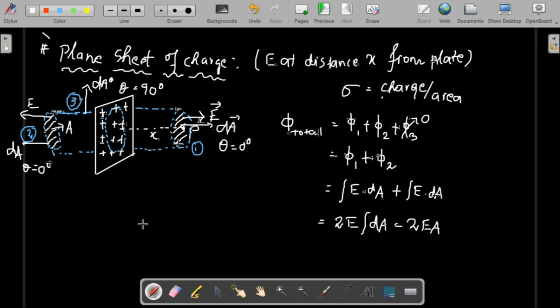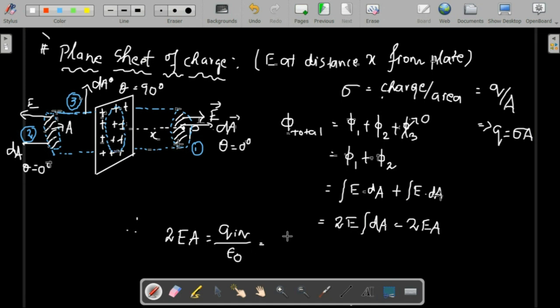And now we can use Gauss's law. Sigma is equal to charge by area, so it is Q divided by A. That means my charge is equal to sigma into A. Let's put this in Gauss's law. Gauss's law says that this flux is equal to the charge enclosed by the surface divided by epsilon naught, which is sigma into A divided by epsilon naught.